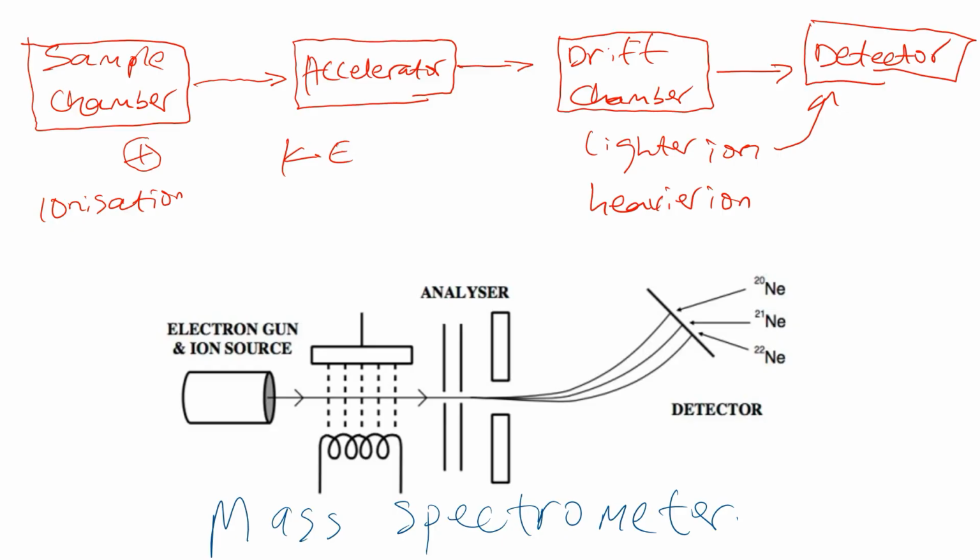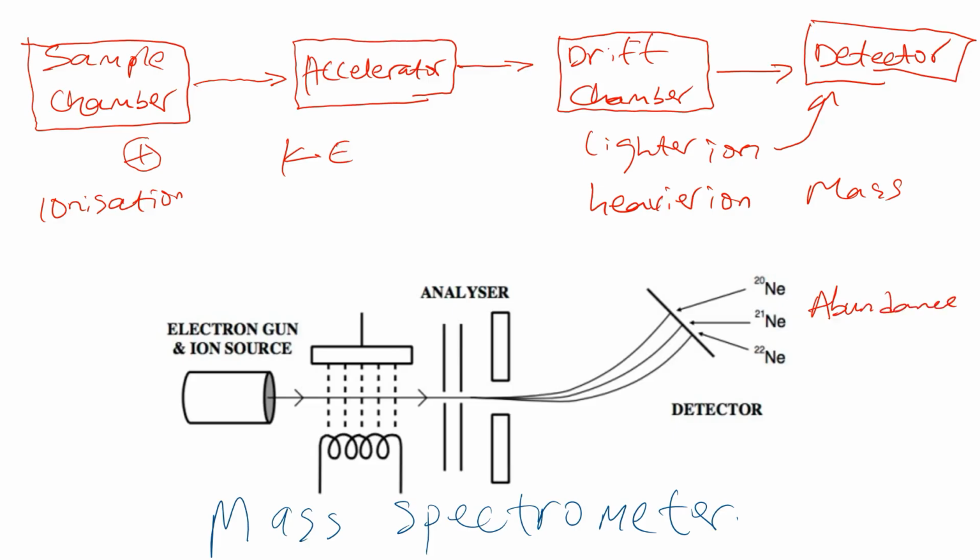The amount of current that flows when the ions get to the detector is used to determine the abundance. So basically, the time it takes for the ion to get to the detector gives the mass, and the amount of current produced gives the relative abundance.